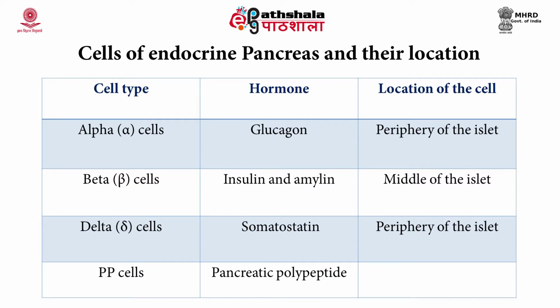These cells are arranged in the periphery of the islet, in close contact with the blood vessels. Delta cells constitute about 10% of the cells, are located in the periphery and secrete somatostatin. In addition, PP cells are present in small numbers in the islets and secrete a hormone, pancreatic polypeptide.